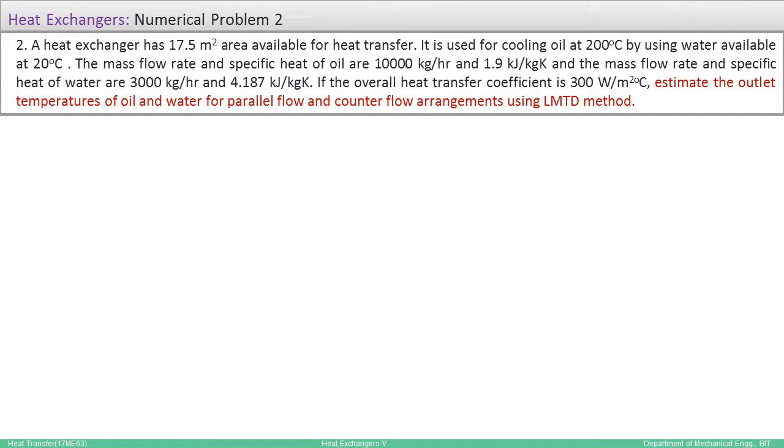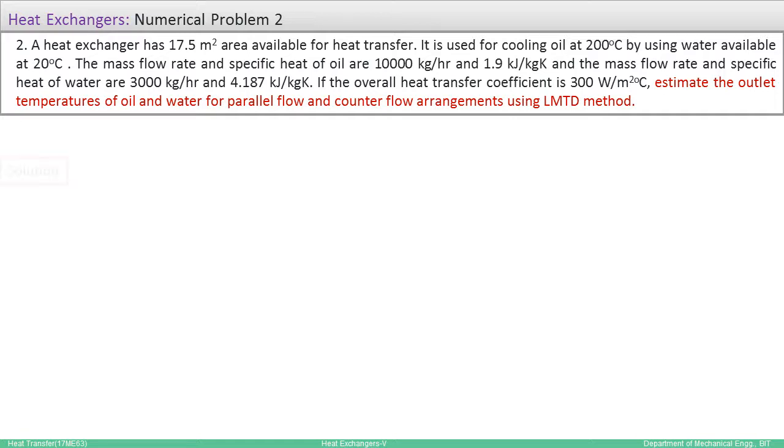Mass flow rate and specific heat of oil are 10,000 kg per hour and 1.9 kilojoule per kg Kelvin, and the mass flow rate and specific heat of water are 3000 kg per hour and 4.187 kilojoule per kg Kelvin respectively. If the overall heat transfer coefficient is 300 watt per square meter per degree Celsius, estimate the outlet temperatures of oil and water for parallel flow and counterflow arrangements using the LMTD method.